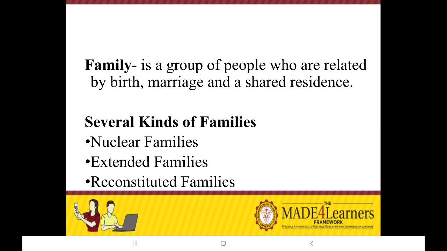Nuclear family is composed of parents and children. Extended families are those that are composed of nuclear family and other relatives, such as the grandparents, the aunts, or the uncles.